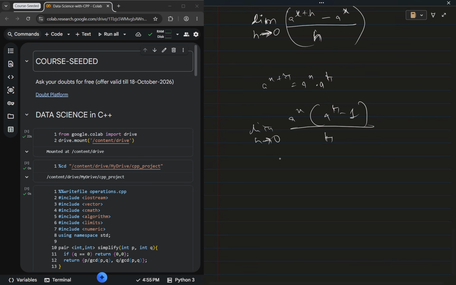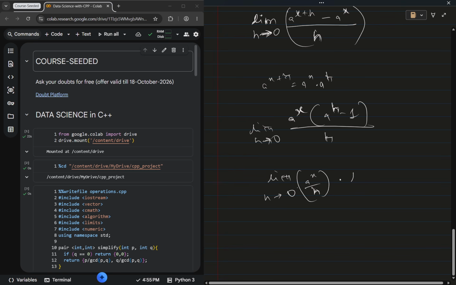By the way, we know that this is a continuous function, so you can just take these things out. This limit is a to the power x, times the limit of h tending to 0 of (a to the power h minus 1) by h.